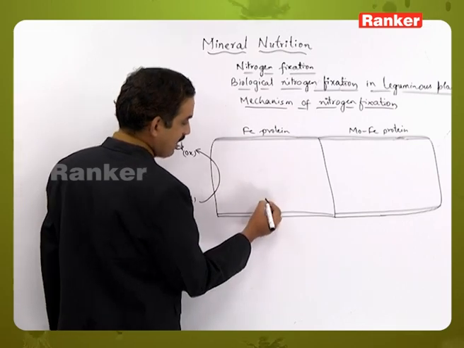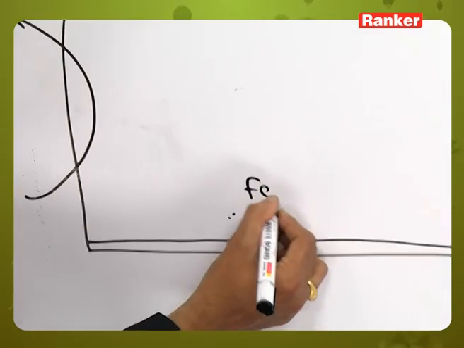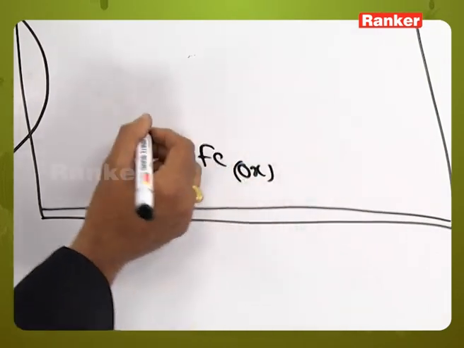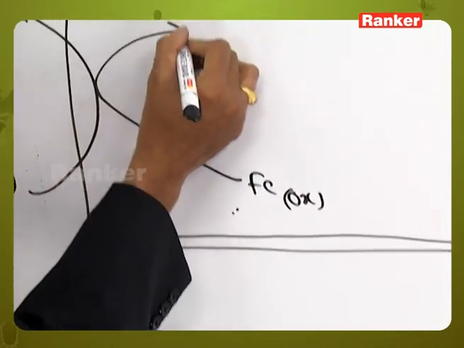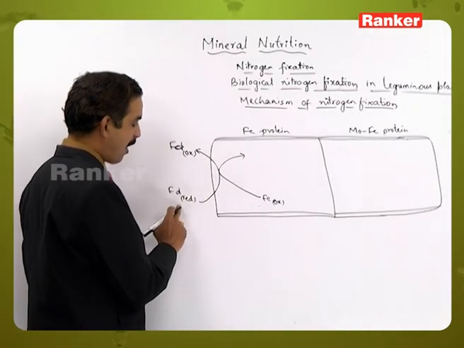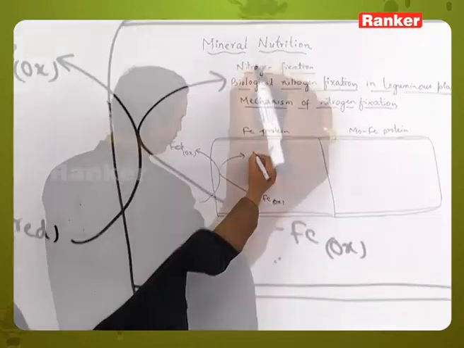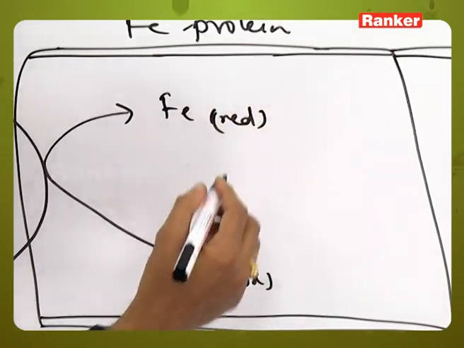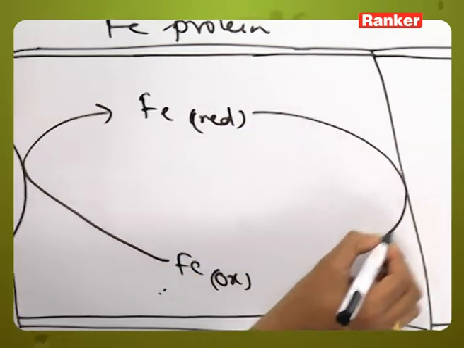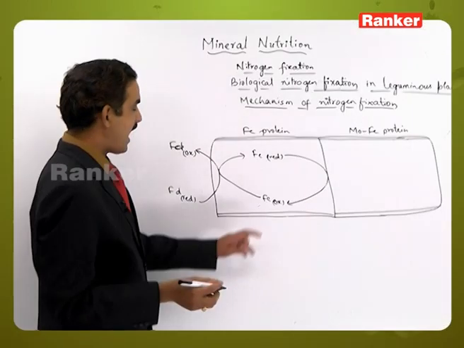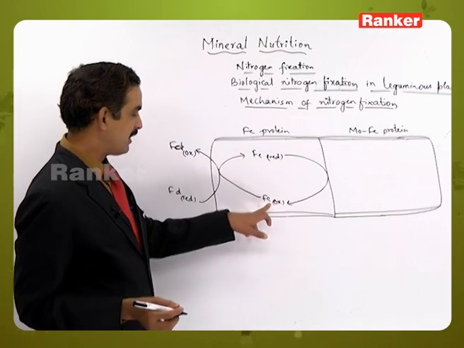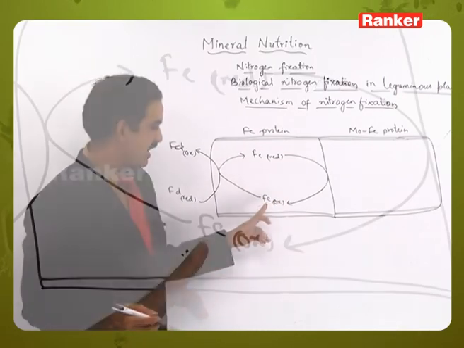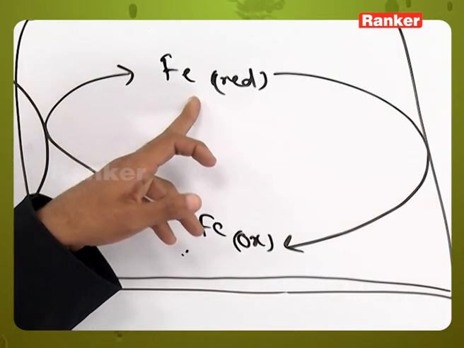The iron protein part, which is in the oxidized form, receives the electrons from the reduced form of ferredoxin and undergoes reduction.